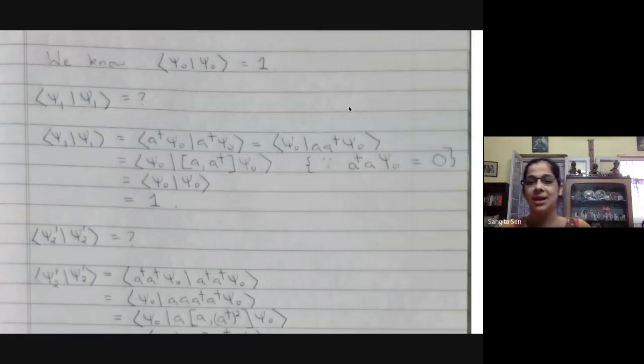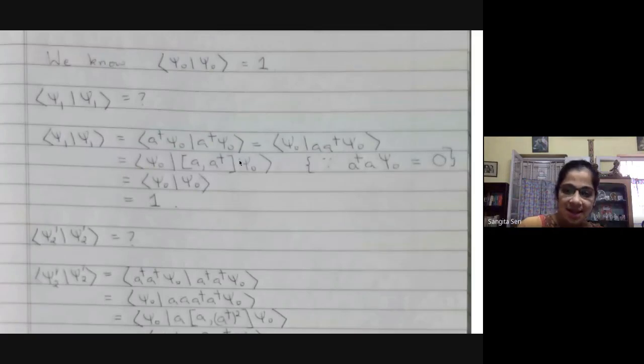So a dagger becomes a when I move it to the ket side. Since a will annihilate psi0, I can easily put a minus a dagger a over here. That does not change anything.